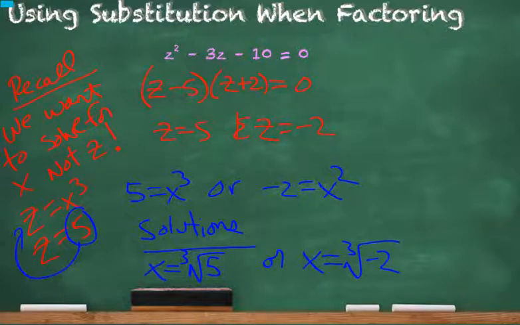So again, we took a 6th degree polynomial. We said we don't have techniques for solving 6th degree polynomials by factoring, but we could change that polynomial to a quadratic, and now we're using existing tools, existing techniques that we know.